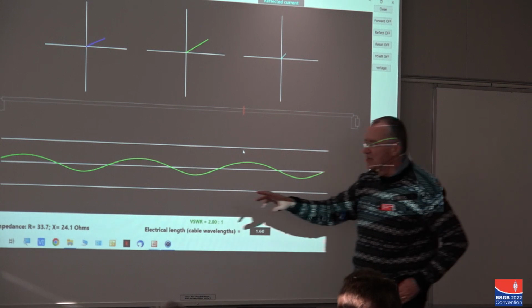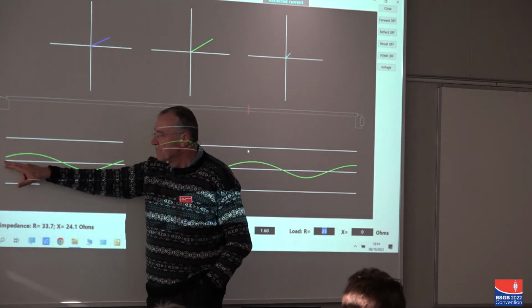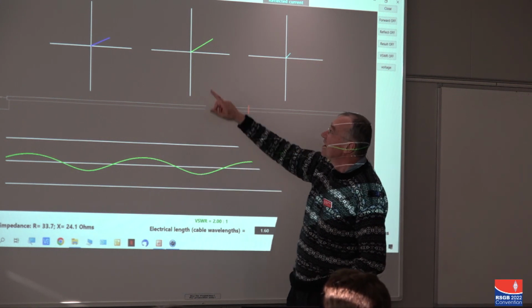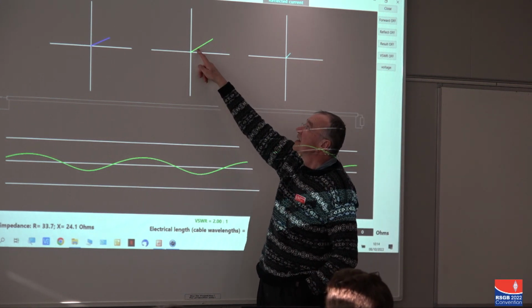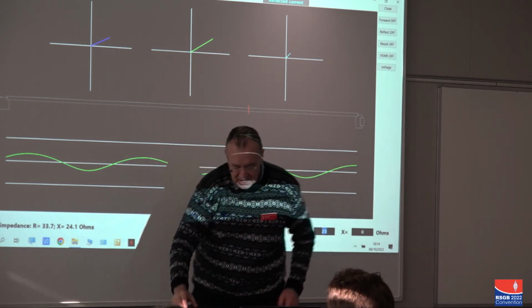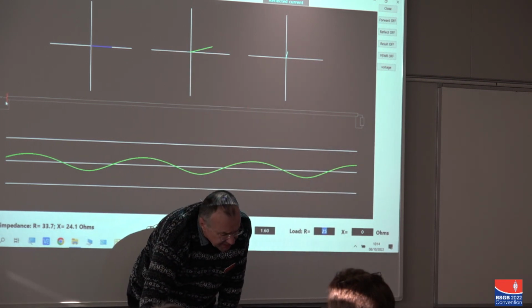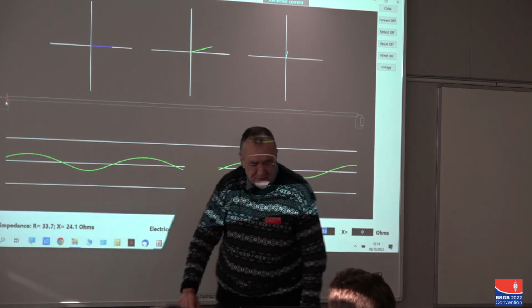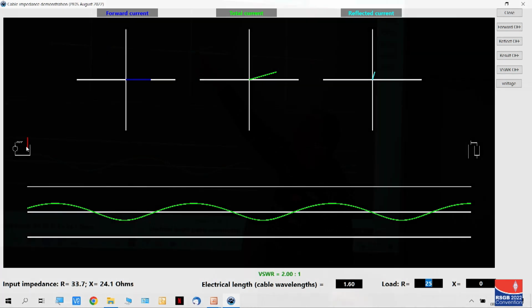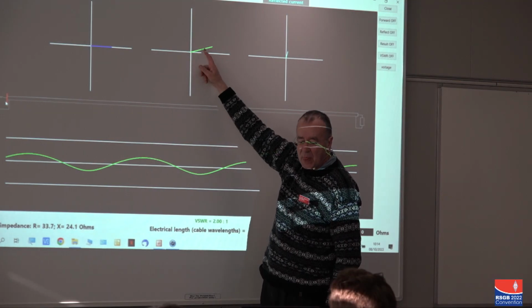So the voltage divided by the current at this point depends upon the sum of the current and the sum of the voltage at that point. Let's go back down to that point there. So at this point, the sum of the current is here with this phase and this amplitude.